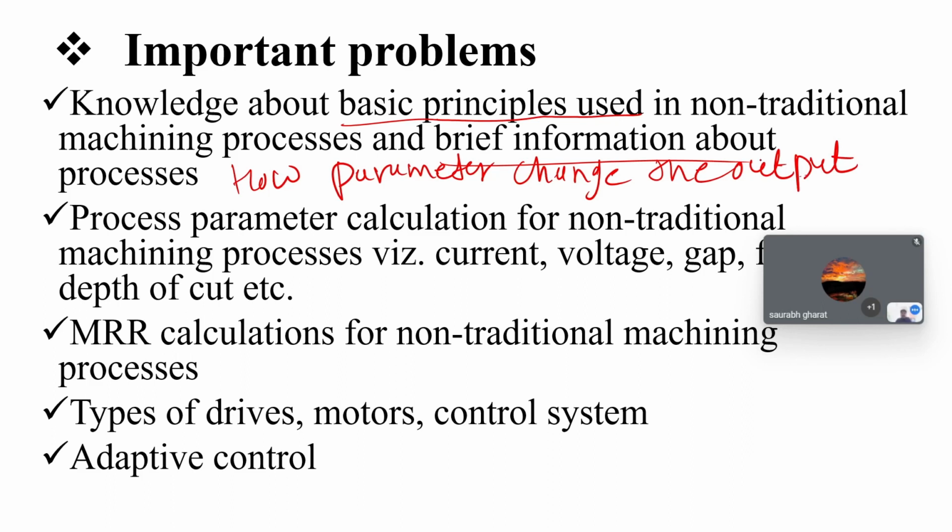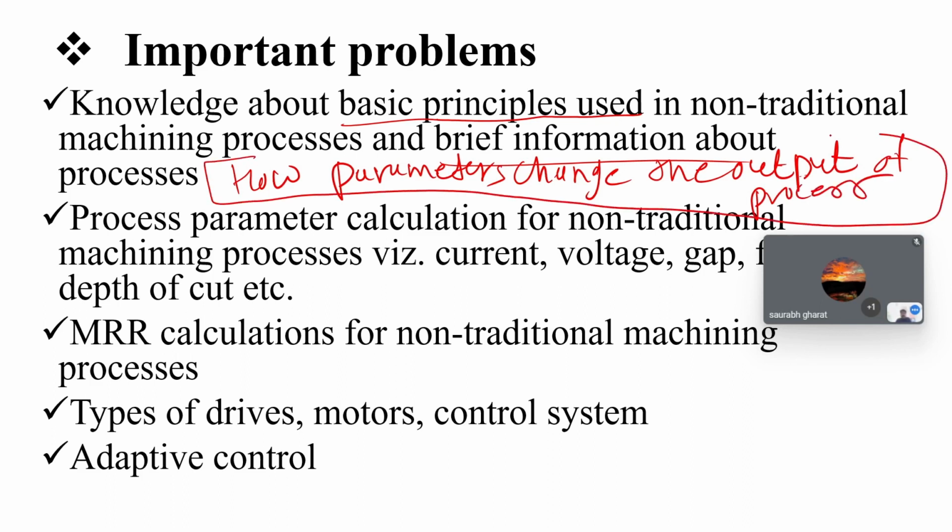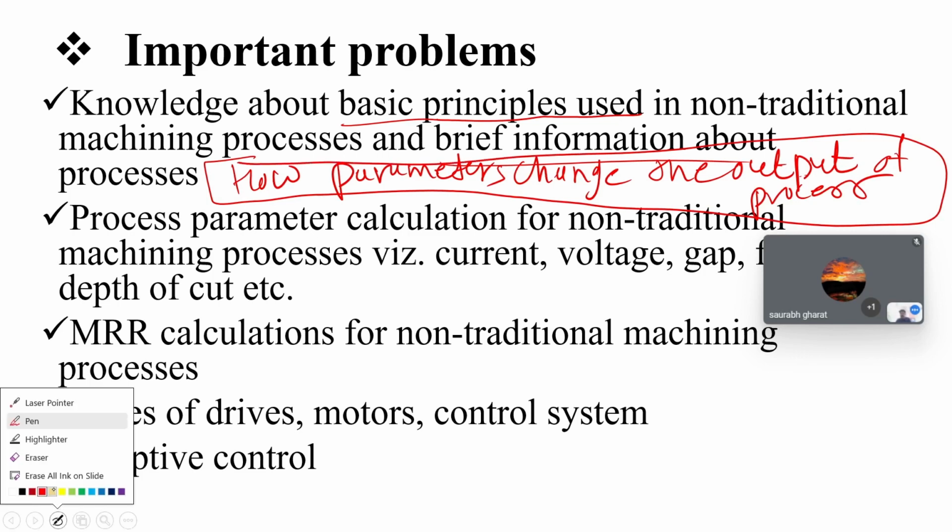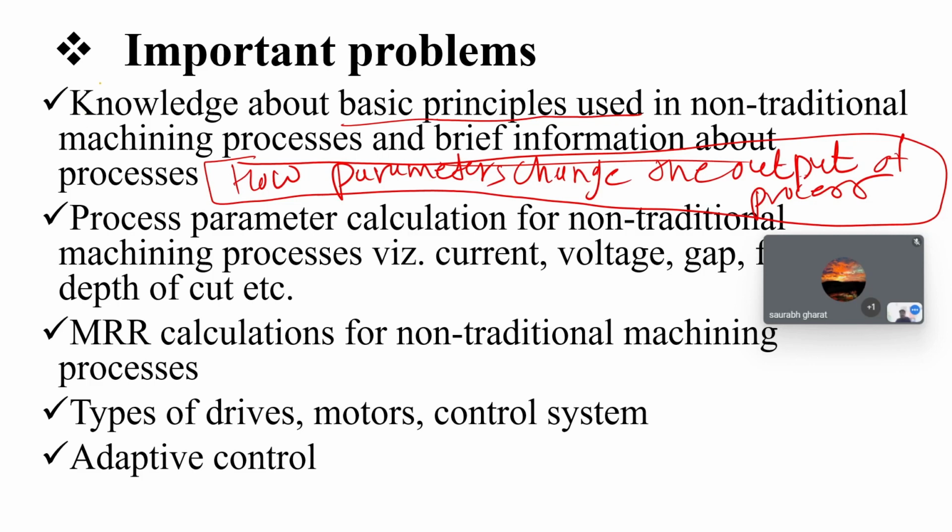How the parameters change the output of the process, that you must consider here. This is again a critical part. You must know the basic information, principles and brief information.